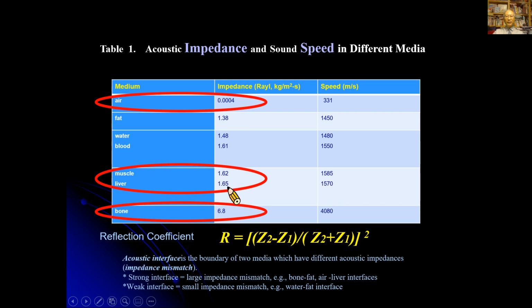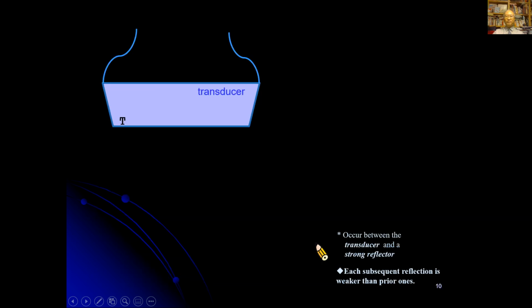For example, muscle 1.6 and air 0.0004, so the difference is huge. Therefore, Z2 minus Z1 divided by Z2 plus Z1 in this example will be almost 1, so 100% reflected. That's why whenever you encounter air, almost all the energy is reflected.